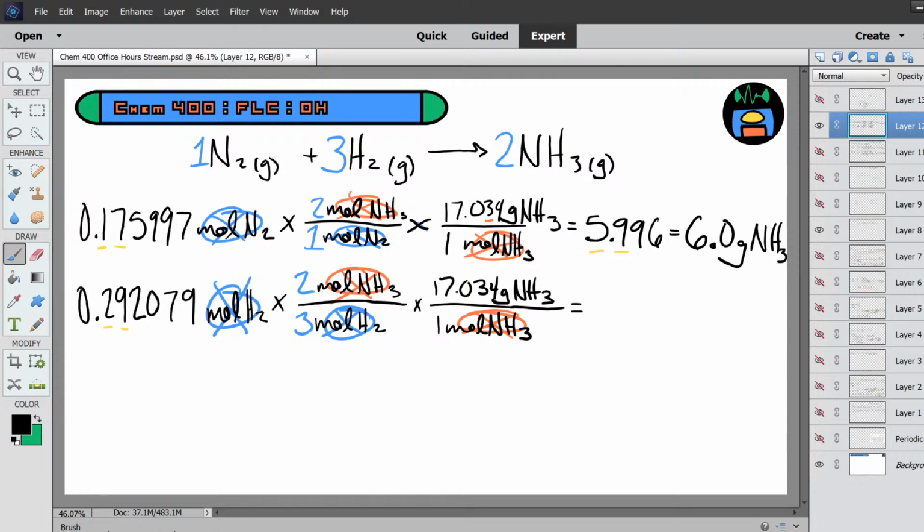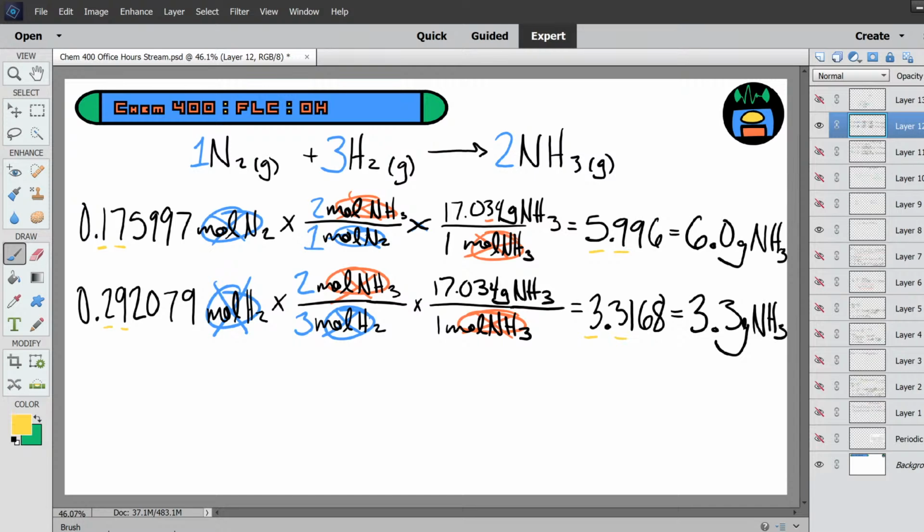All right, so I'm getting 3.3168. We can only keep 2 sig figs. Totally, you are welcome. So this is 3.3 grams of ammonia.